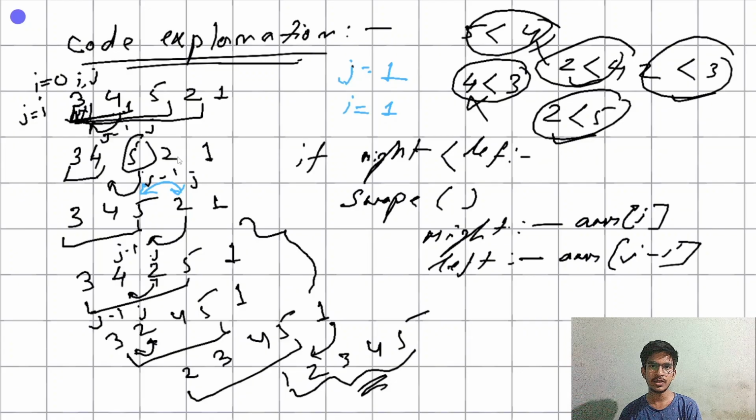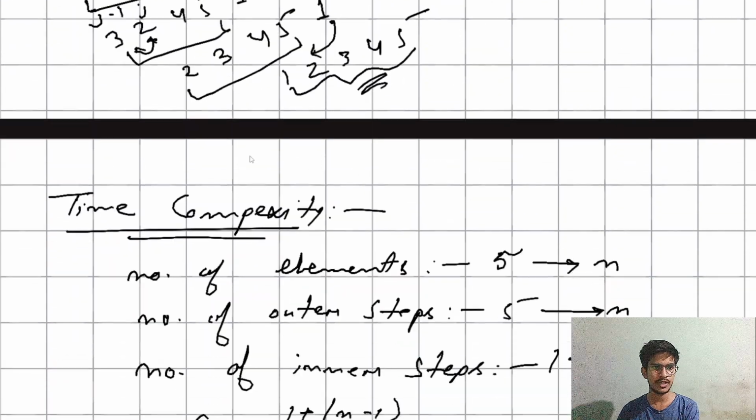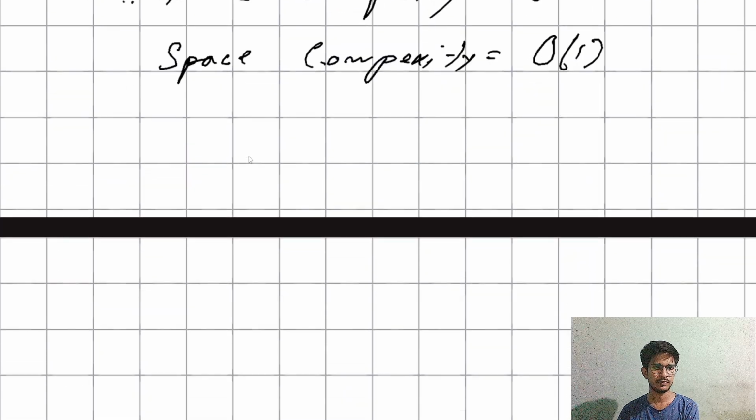What I mean here, let's go to the last page. If I have a list like 2, 3, and we have a 5, and we have to insert 4 in this list, right?